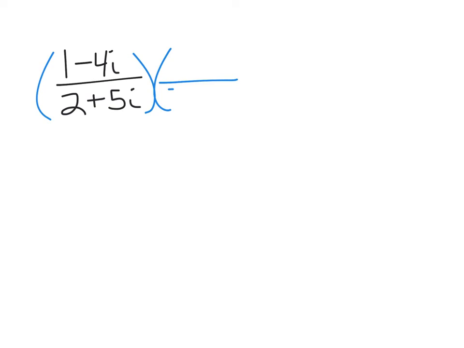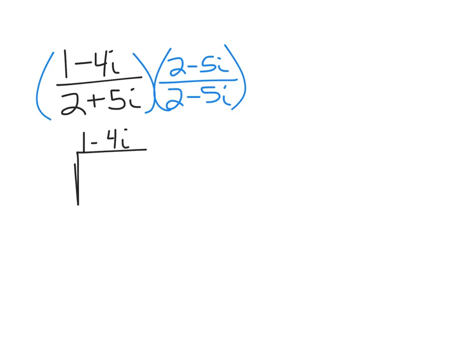The conjugate of the denominator is 2 minus 5i. So the difference with this problem is I now have a binomial times a binomial in the numerator, 1 minus 4i times 2 minus 5i, and I have a binomial times a binomial in the denominator, 2 plus 5i, 2 minus 5i.